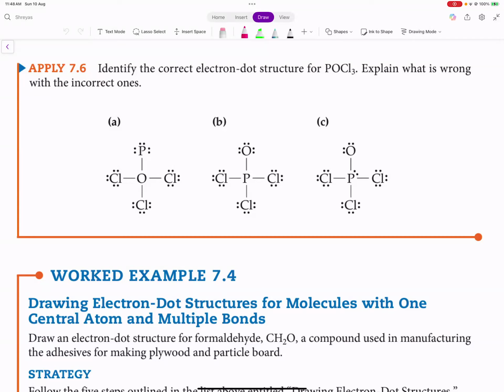Sir, I think the answer is B, right? Okay. Nice. And why? Sir, because phosphorus has a complete shell, and so do the rest of them.